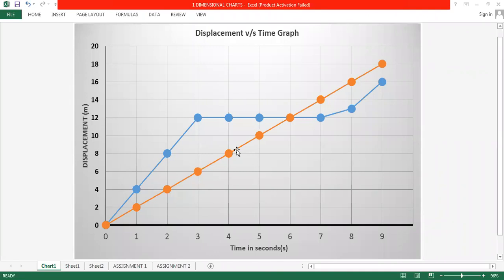All of you, have you drawn it? It's a very interesting graph.